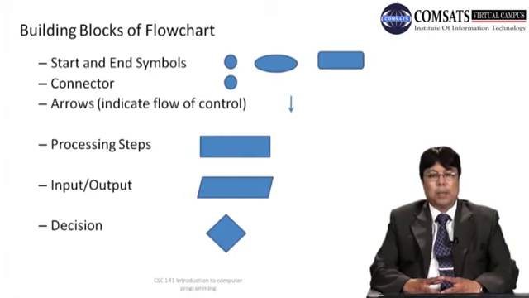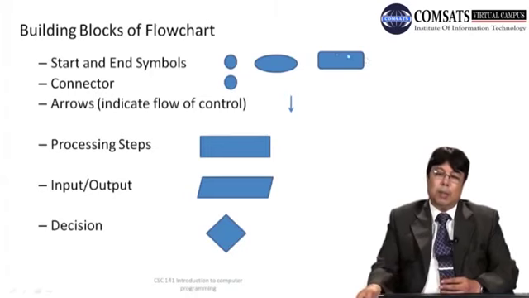Processing step. This rectangle usually depicts the processing steps. As I explained earlier, the previous rectangle had a rounded shape, but this one has sharp corners, and it is a rectangle representing the processing steps.